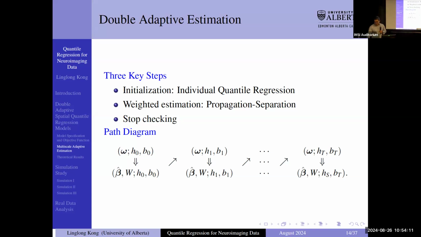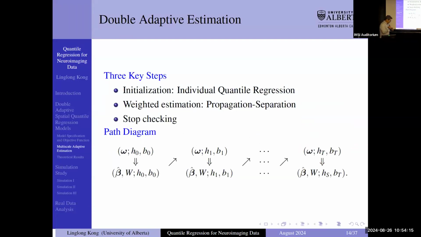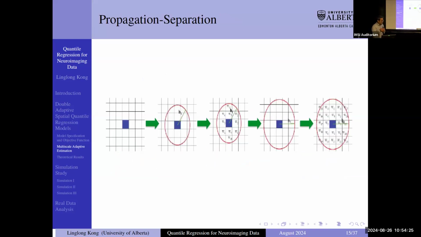The reason is the estimate is already consistent. We don't want to be too far away from our consistent estimate. Now, in particular, for the propagation separation process, we start with each voxel, do the estimate, and then look at the nearby voxels within a bar.